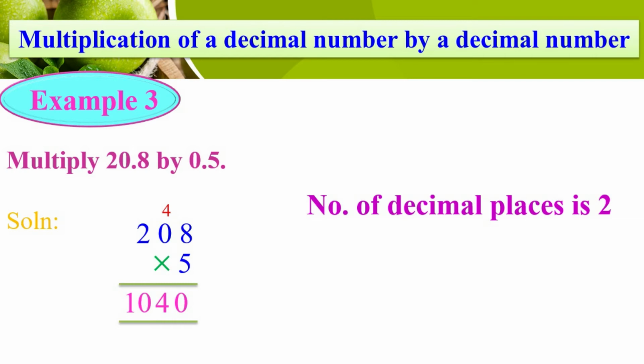The number of decimal places is 2. 20.8 multiplied by 0.5 is equal to, place the decimal point in the product, 2 places. So we get 10.40.